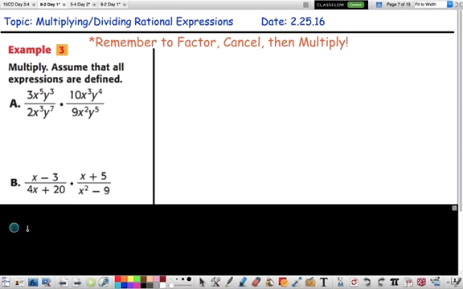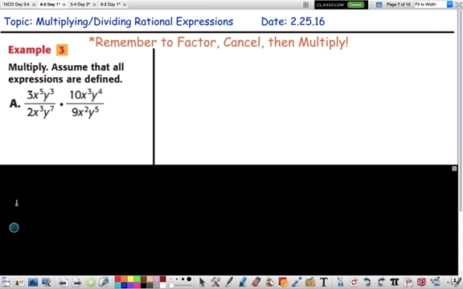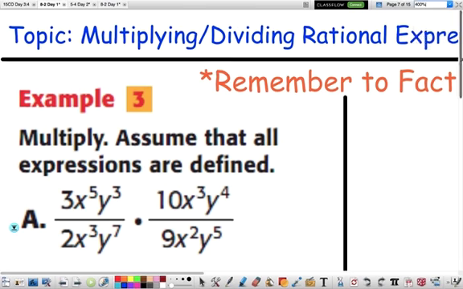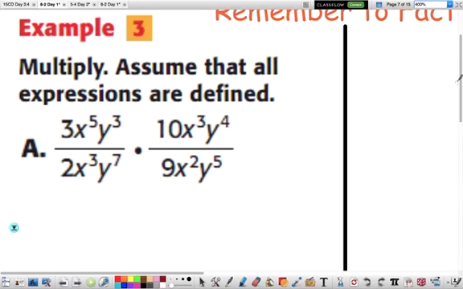Okay, last couple we're going to do for today is about this. Make sure you copy them down correctly, because the numbers, I don't know, there's a lot of them, you can kind of get them mixed up. It looks complicated, but if you factor, cancel, simplify, it won't be too hard.